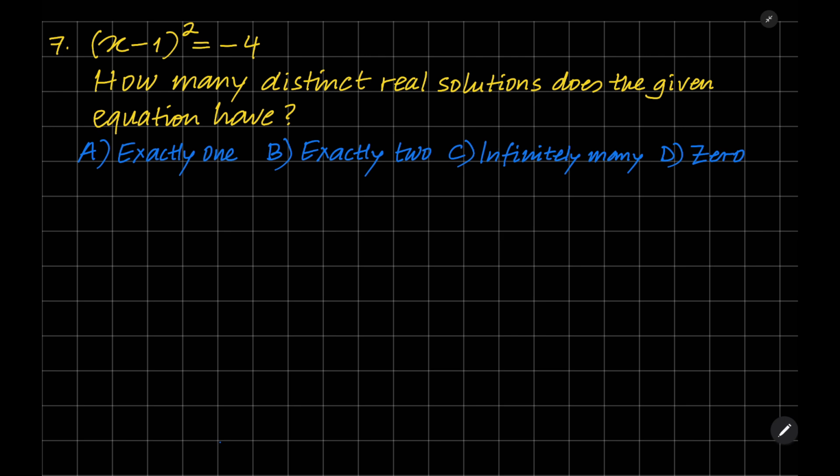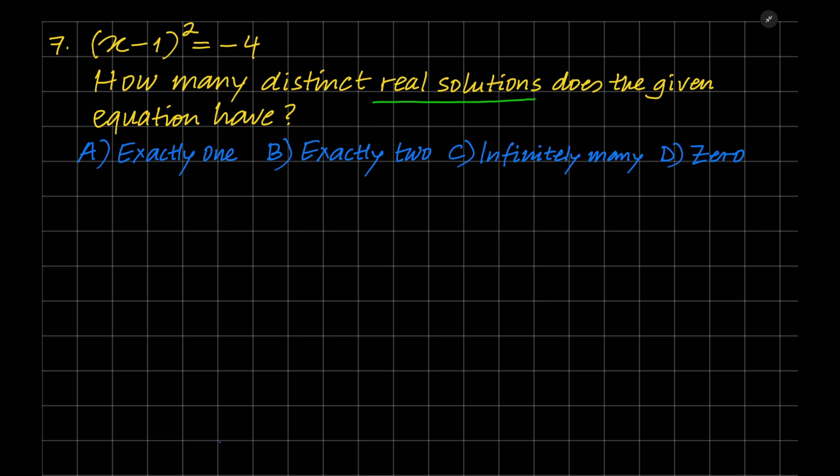Question 7. x minus 1 squared is equal to minus 4. How many distinct real solutions, be careful, real solutions does the given equation have? Any quantity that is positive or negative in value has a positive value when squared.